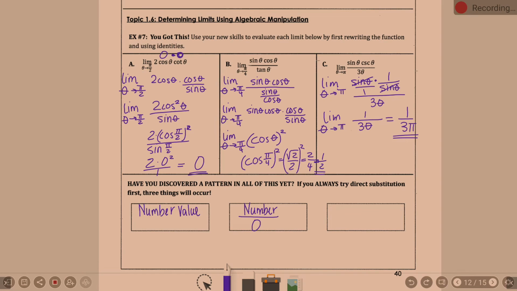In that case, you can try factoring, you can try canceling, you can try rationalizing where we multiply by the conjugate, you can try analyzing the graph. Okay. So those are some options we have: factor, cancel, rationalize, analyze.